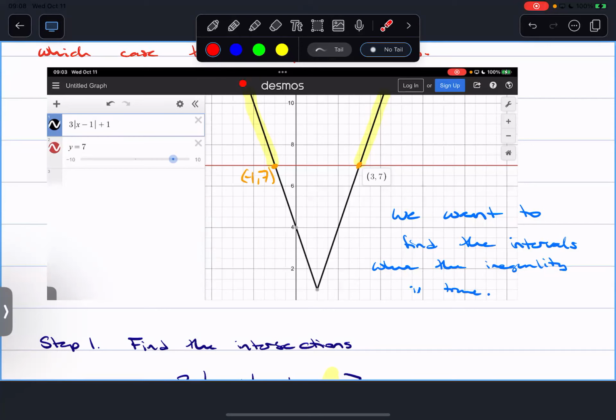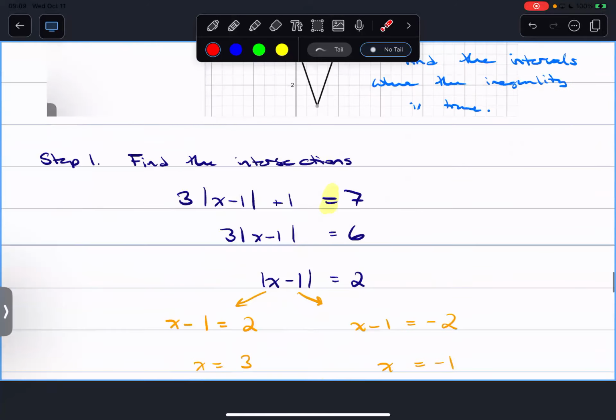Same thing as soon as x is 3 or greater, the output is greater than 7, which satisfies the inequality. So we're going to break up the number line, since the behavior is the same for these 3 regions.